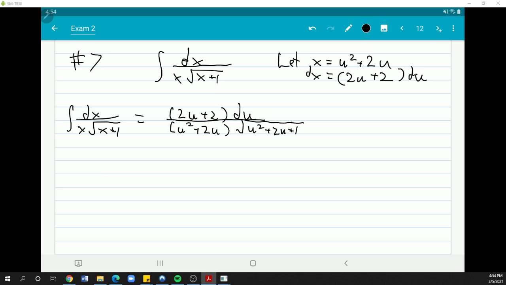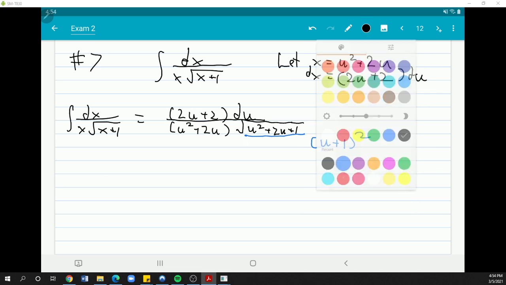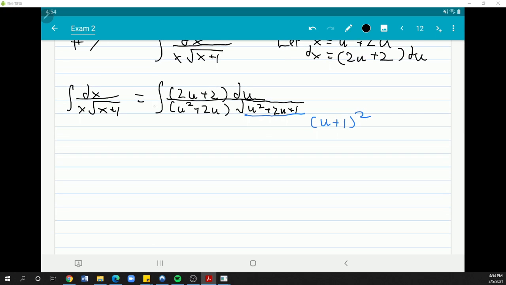So why did we do this? This is u plus 1 squared. And so this is equal to, let me take out the 2, the integral of u plus 1 over, let me factor this denominator, u times u plus 2. And now I have the square root of u plus 1 squared.